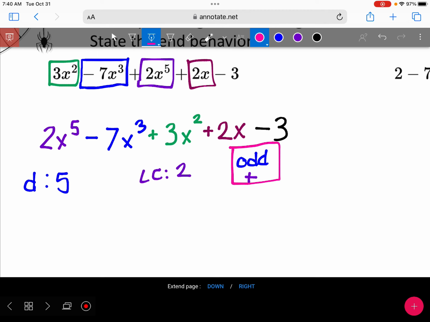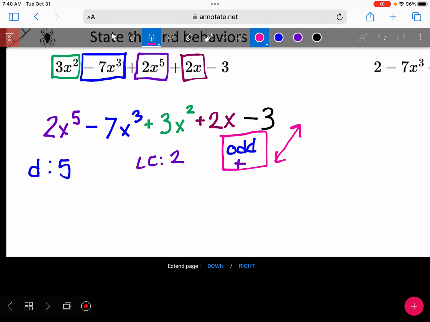Odds act like lines. So positives give us positive slope. So this will have all kinds of wiggles, squiggles in the middle, but it'll have the same arrows as a line. So we're going to write out our end behavior here just to practice writing this.